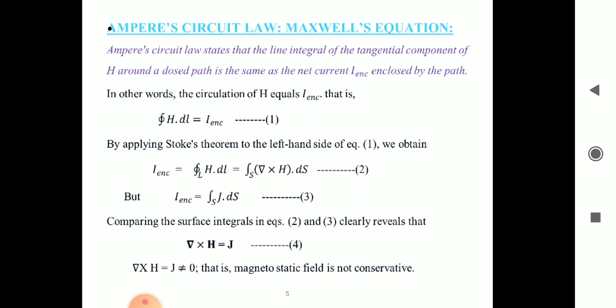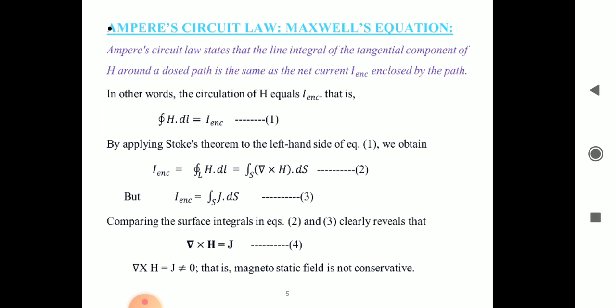Therefore, converting this line integral to the surface integral, we get integral of del cross H dot ds. We know previously that I is equal to surface integral J dot ds. Here, by seeing these two equations 2 and 3, I enclosed is equal to surface integral del cross H dot ds. Moreover, I enclosed is equal to surface integral J dot ds. Therefore, we can equate these two.